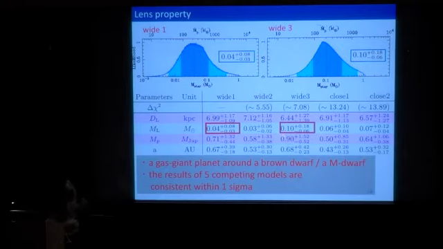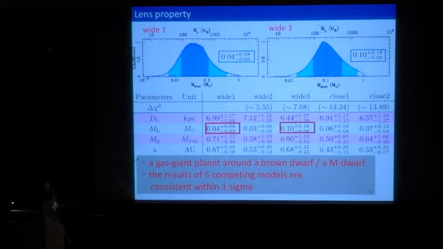And as for the wide 3 model, it is an M dwarf mass. The table below shows all lens physical parameters of all models. From this table, we can conclude that the lens system would be a gas giant planet around a brown dwarf or M dwarf.